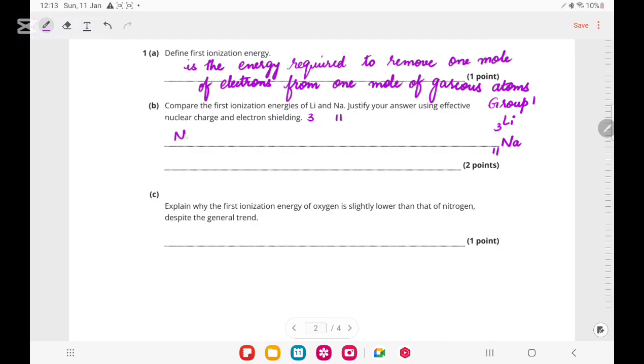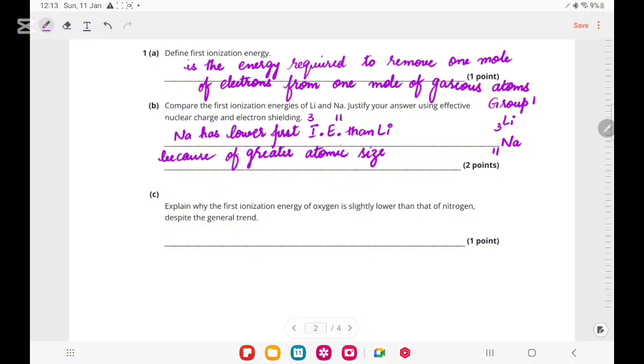So Na has lower first ionization energy than Li, because of greater atomic size and because of increased shielding.